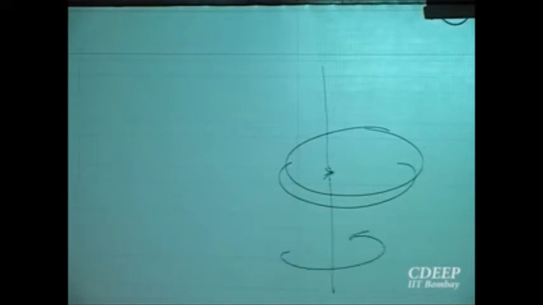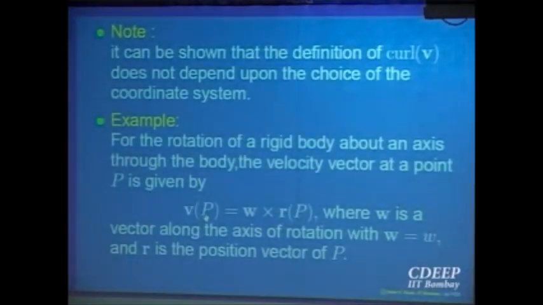So we had a vector w along this axis whose magnitude was equal to the angular velocity of the body, and for a point P at a distance r from the origin, the velocity vector at P is given by w cross r, where w is a vector along the axis with magnitude equal to the angular velocity, and r is the position vector of the point P.